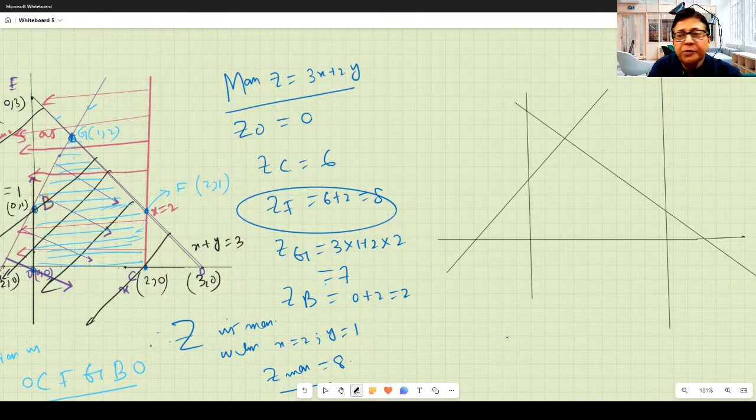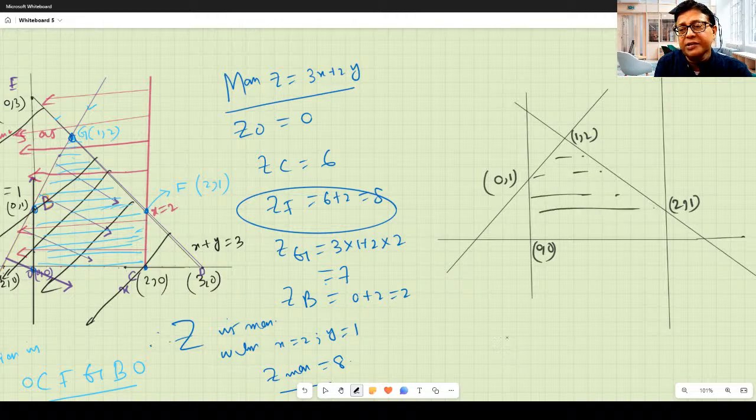Isn't it? This point we got 2, 1 and this is 1, 2. This one 0, 1. This is 0, 0. And the feasible region we have traced this way, there in the same diagram. 2, 0, points also remaining the same. O, C, F, G, B.